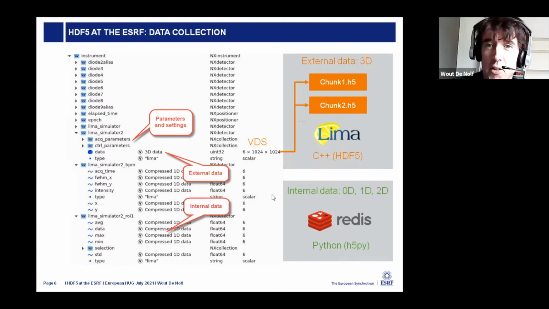And then there are the links to the external files, which are written by Lima. So the maximum shape of a dataset is 3D, even though of course you can have higher dimensional datasets. But you will always have the first dimension, which is basically a flattened view in time of your acquisition.